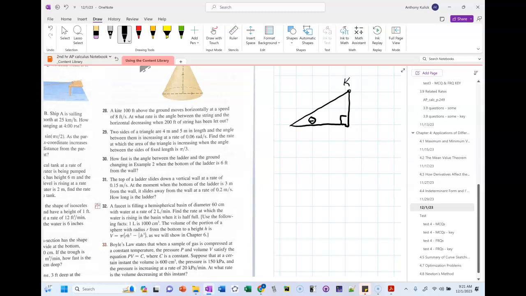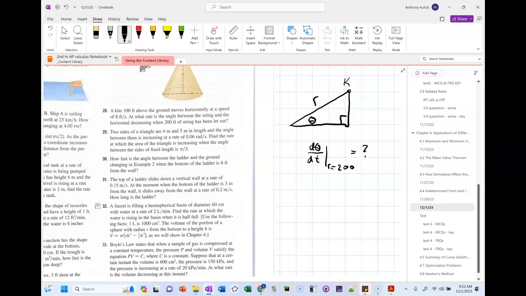So that's kind of our situation, right? We have some kite, it's up in the air. There's the angle between the ground. What we're interested in is d theta dt, when I'm going to call that value r is equal to 200.